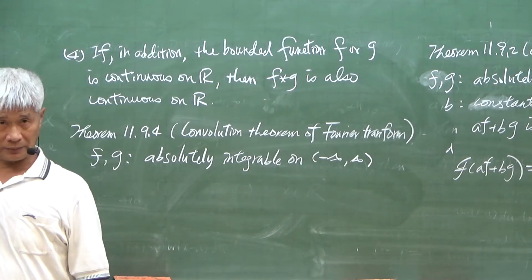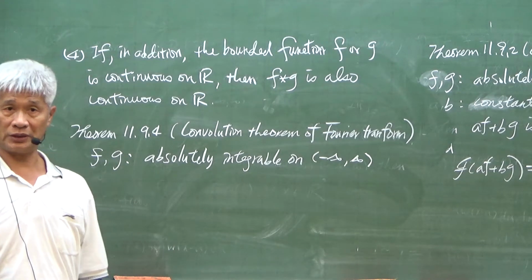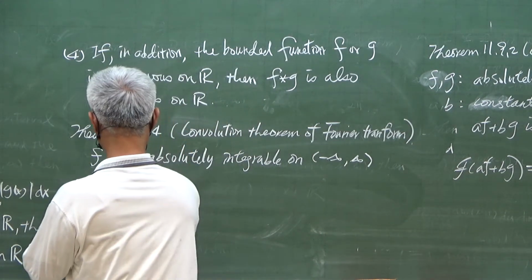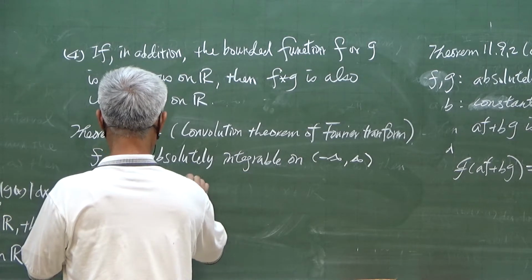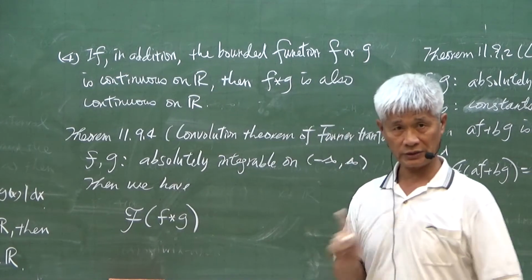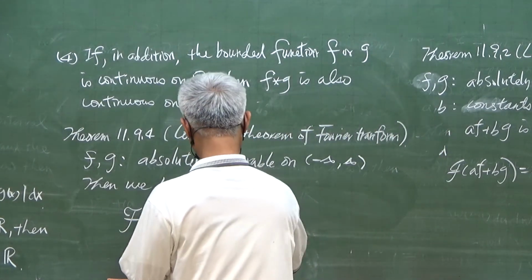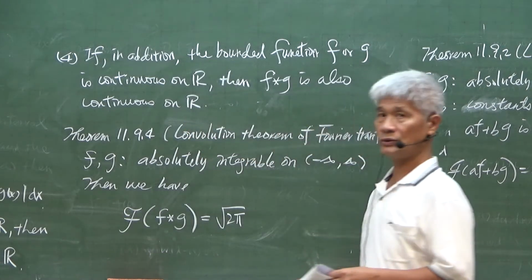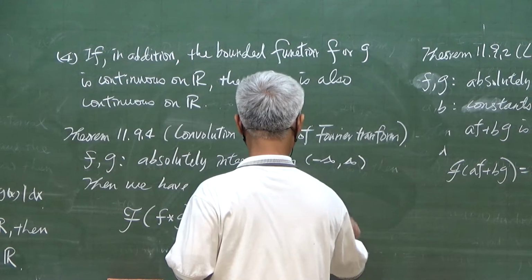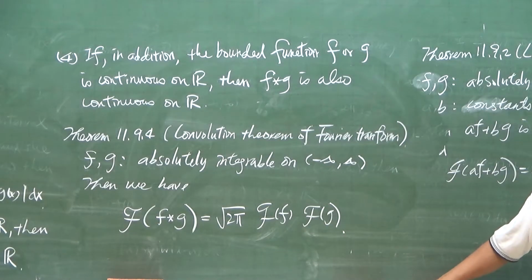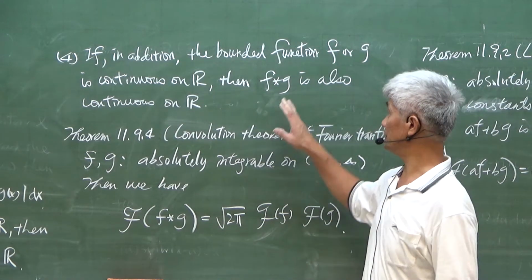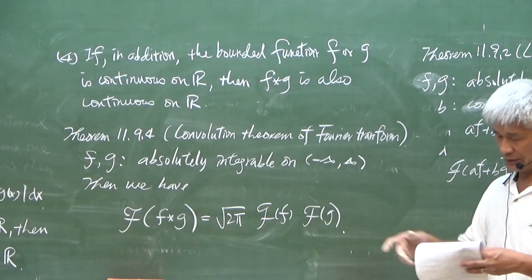When it is absolutely integrable, the convolution has a Fourier transform. The Fourier transform of the convolution is equal to a factor, square root of 2 pi, times the Fourier transform of f and the Fourier transform of g. Very nice property. This is the famous convolution theorem of the Fourier transform.